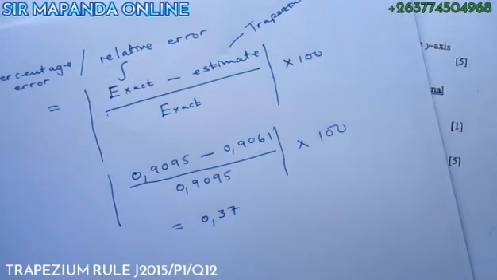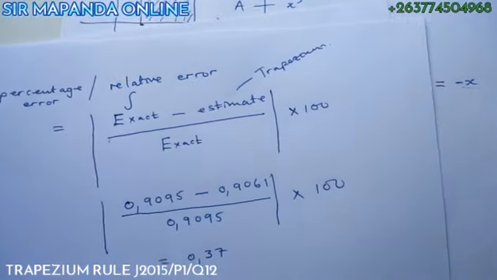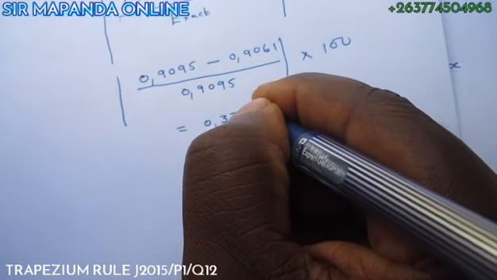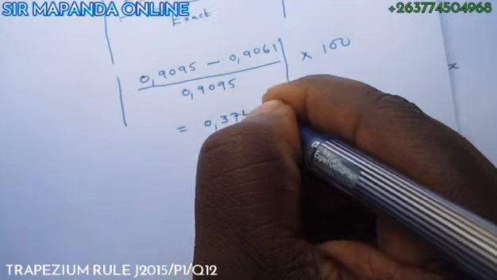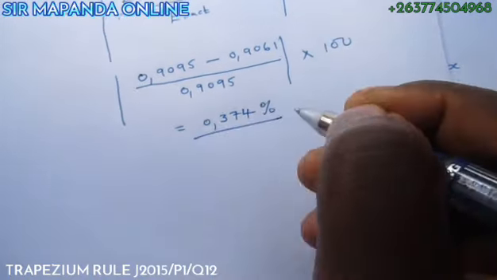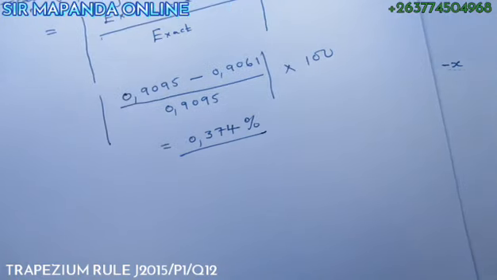Give your answer to what? Never mentioned, so we can give it to 3 significant figures. So your answer is 0.374%. So this is your percentage error or your relative error. I hope you are listening, class. Right, let us move on to the last part of the question.